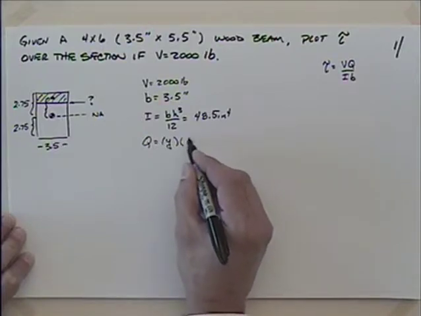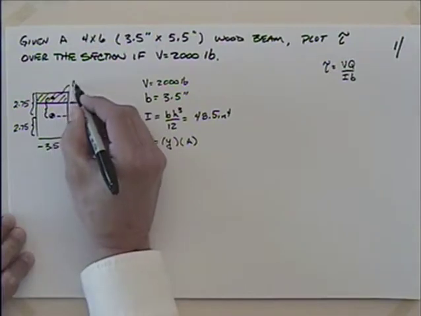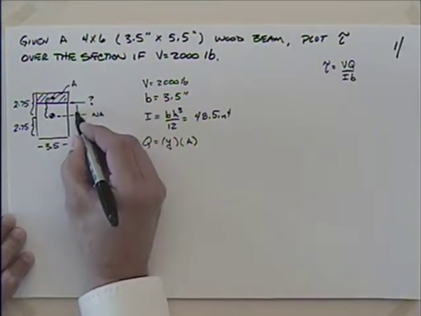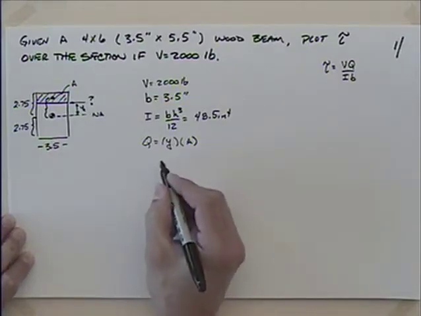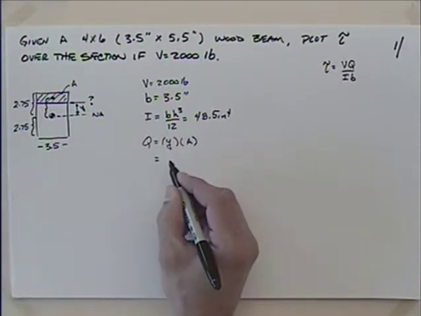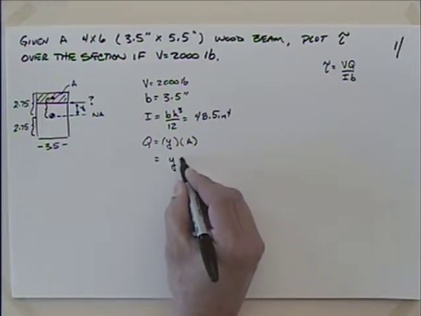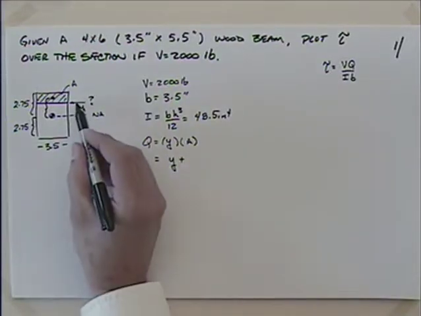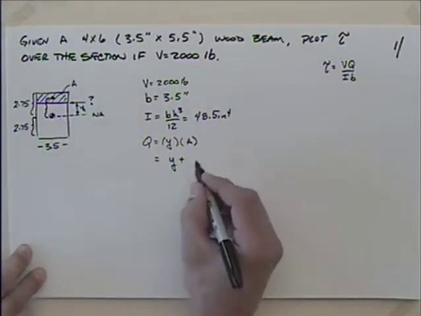Let me call this distance y, I need something to call that. So Q is going to be equal to, let's see, what's the distance to the centroid? I'm going to have y plus what? That gets me up to there. And then I need to have 2.75 minus y over 2. Is that right?